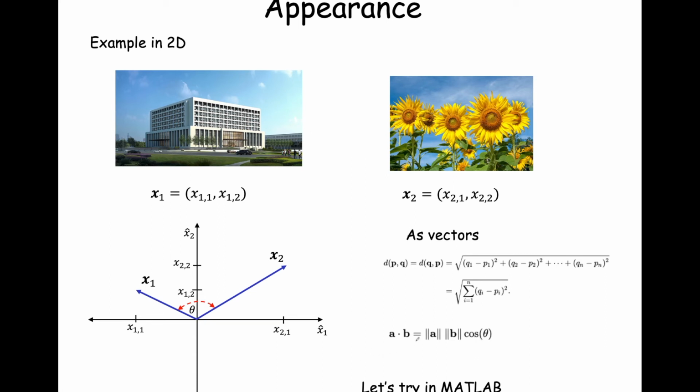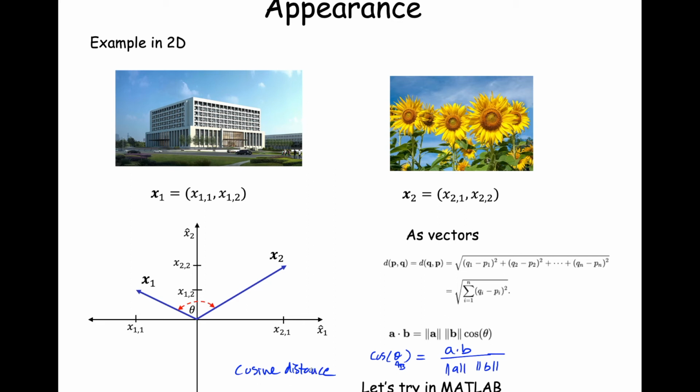And so doing a little bit of algebra, we divide both sides of the equality by magnitude A, magnitude B, and we get the cosine of the angle between the 2 vectors A and B is equal to A dot B, the dot product between the 2, divided by magnitude A times magnitude B. Okay, and so this has a name. This quantity is called the cosine distance. So this cosine distance is another way of measuring how similar in content are the two images, or how different is this building image from the sunflower field image.